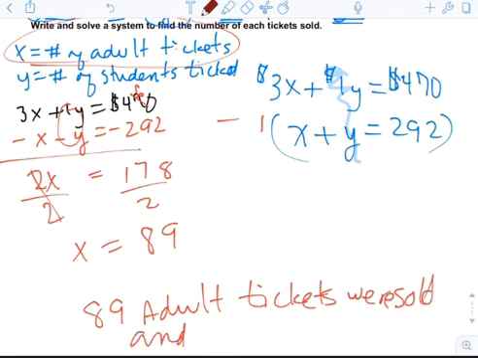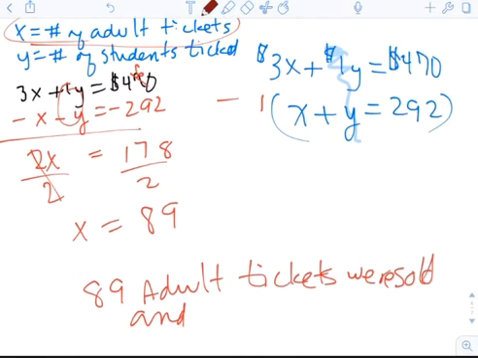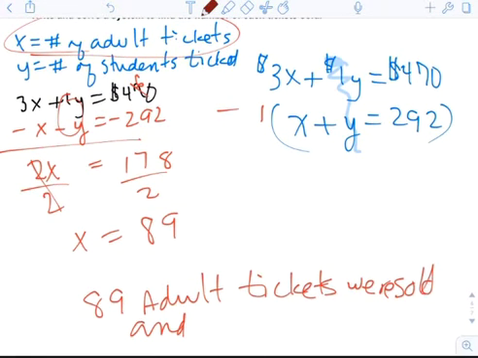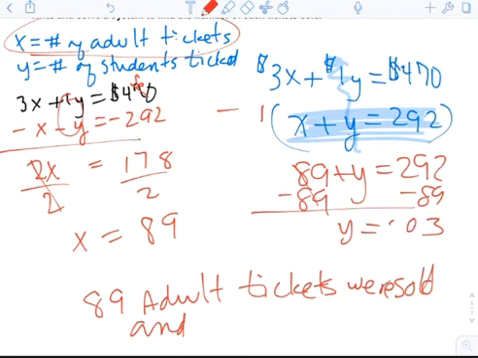And let's see how many children's tickets. Let's use this one, the total number of tickets. 89 plus y, which we don't know, equals 292. Subtract 89. The number of children's tickets then is 203.